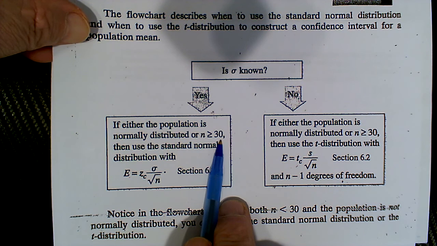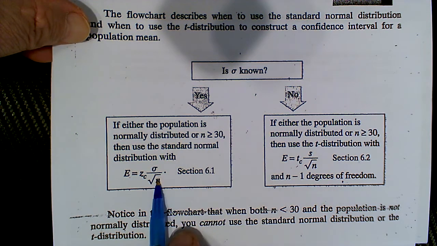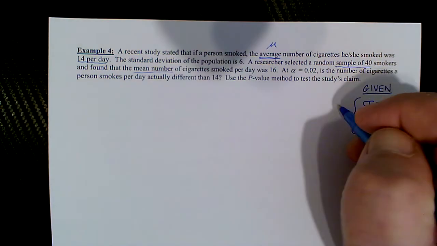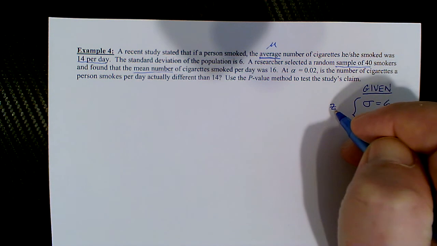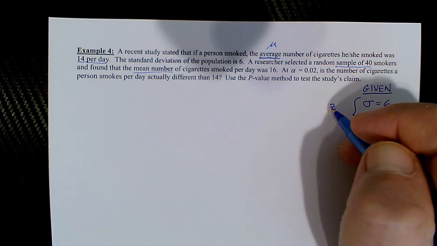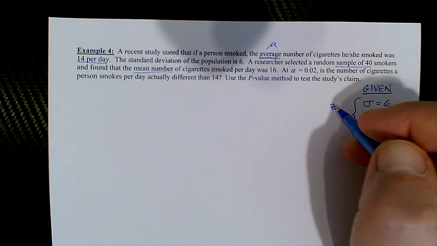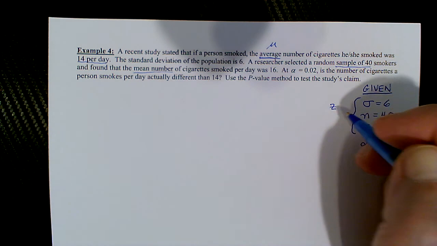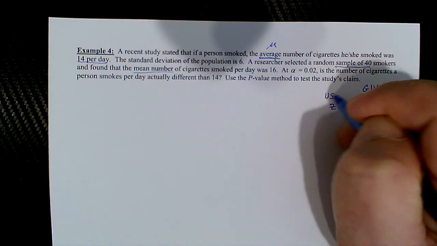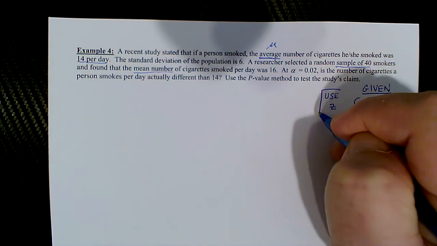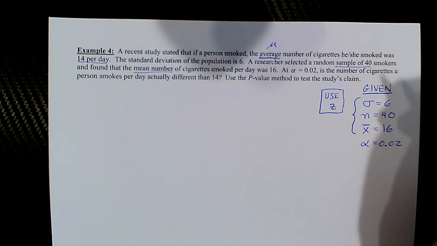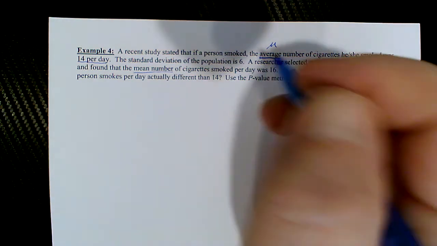We know normally distributed, or n is bigger than 30, then we use z. So that's our z distribution again, or the normal distribution. Alright, so now our steps.